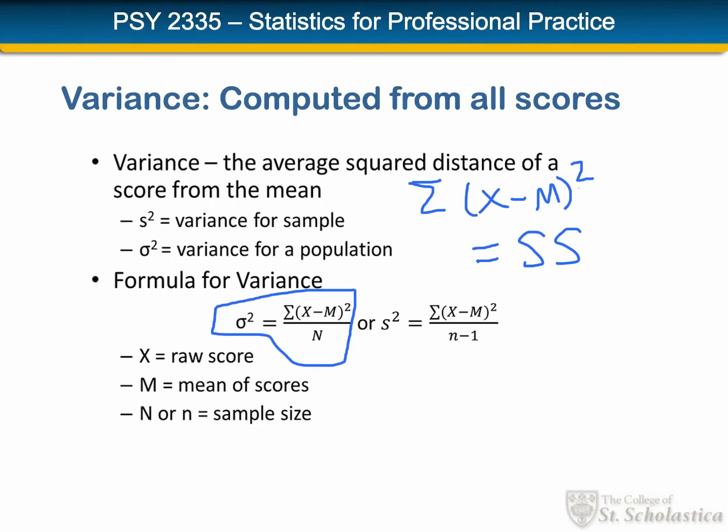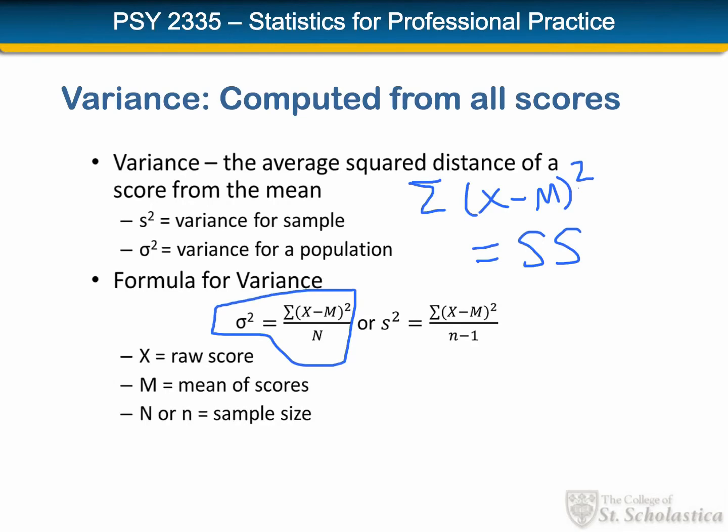However, one of the reasons that we'll be computing the variance is to use sample data to estimate the population value. And it was discovered that if we used this definitional equation on sample data, it was consistently underestimating the population parameter.